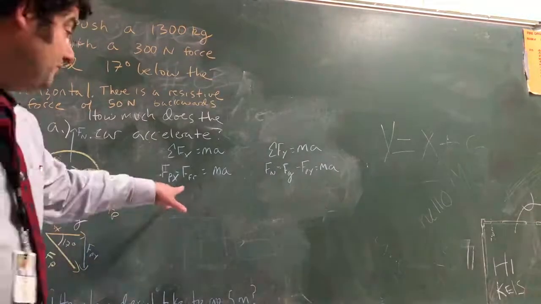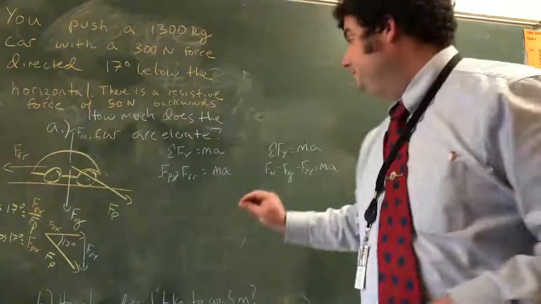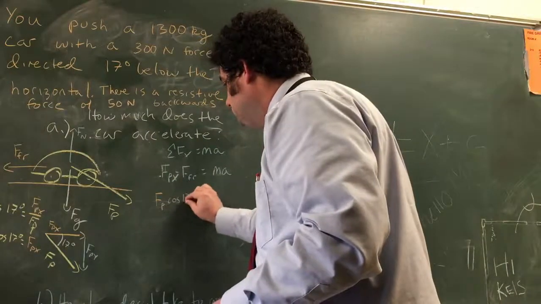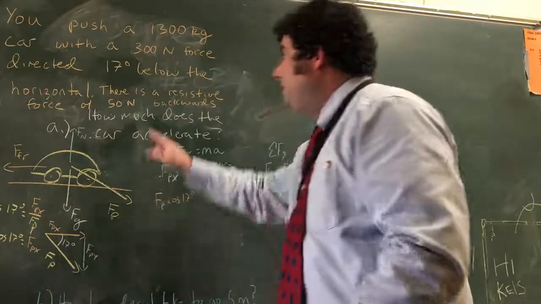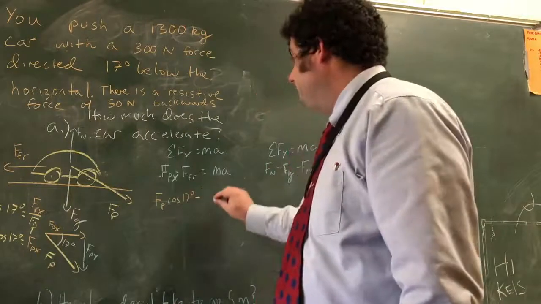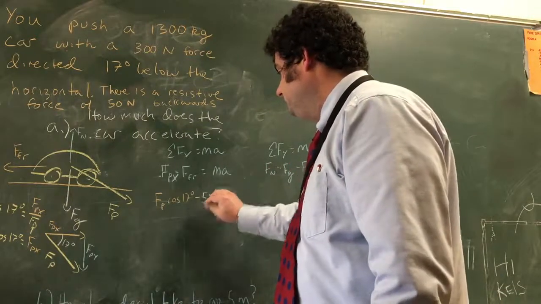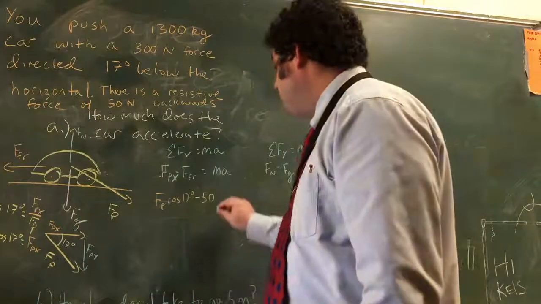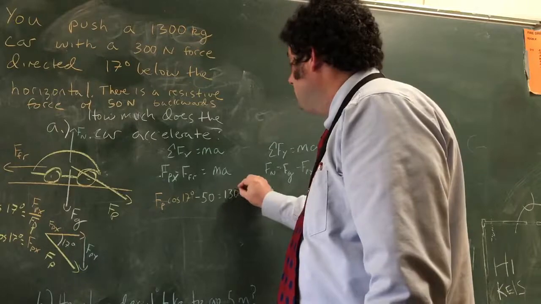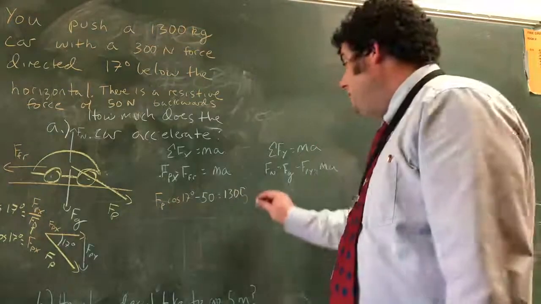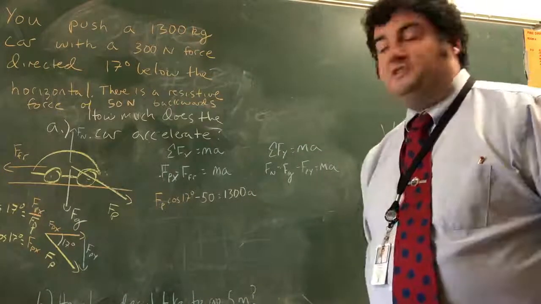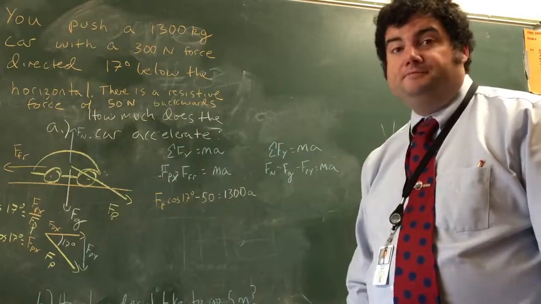I can now put that over here in this equation. It gave me what the frictional force was. I know the mass of the car. So the only thing I don't know is acceleration. So now, once I do this, I'll be able to solve for that acceleration.